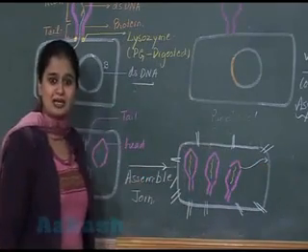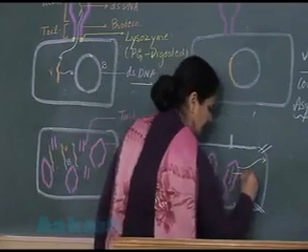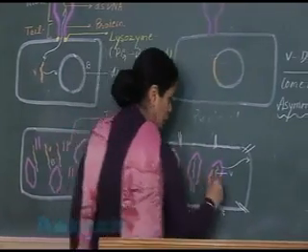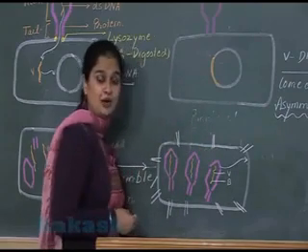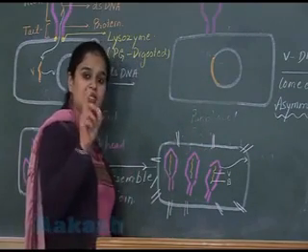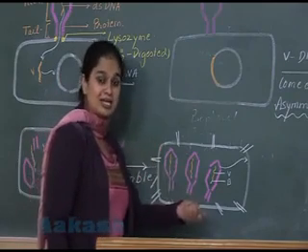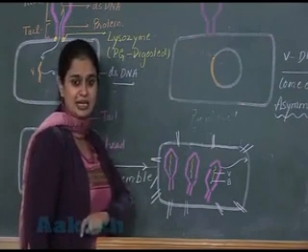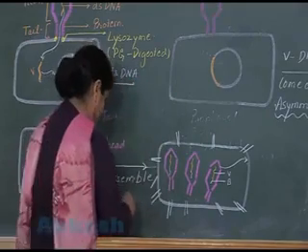Now inside this virus its own genetic material is present, but along with that it also has some fragment of the DNA of bacteria. This type of virus, which is having virus as well as bacterial DNA, is known as transducing phage.